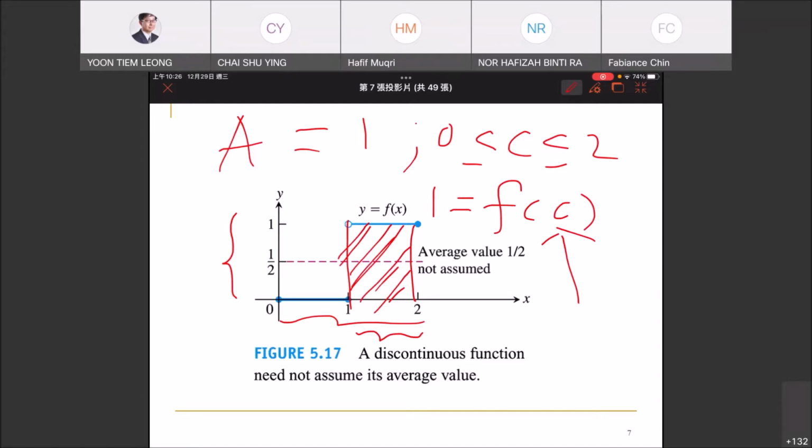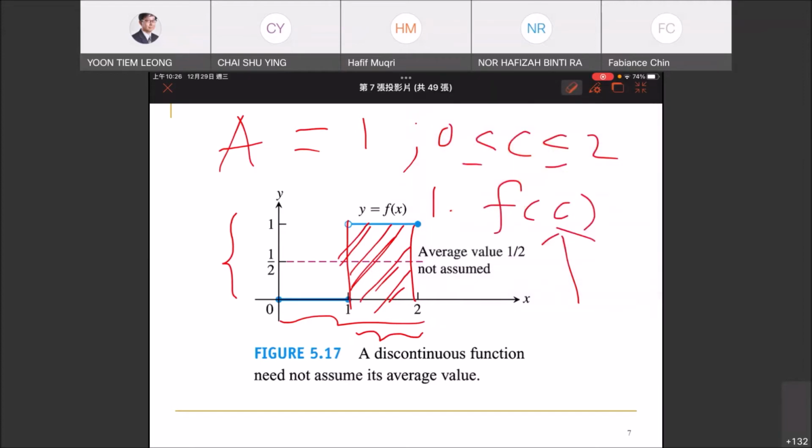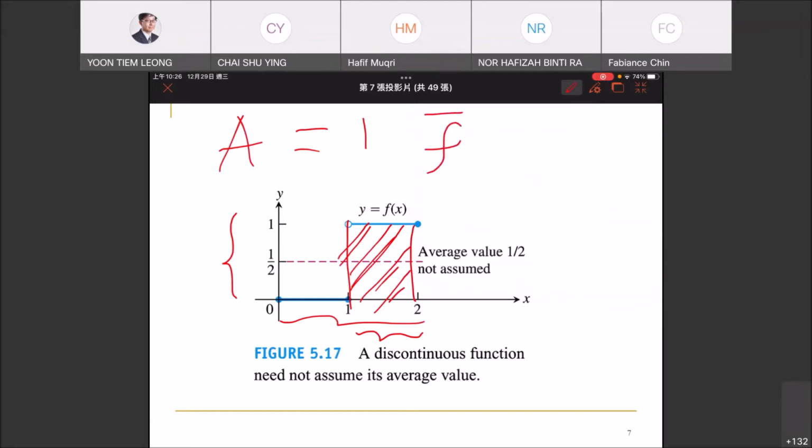Now the area of the function is indeed equal to 1, but the average of the function, let me redefine my questions again. So we know the area of the function is 1, and you ask the very simple question, what is the average of the function?